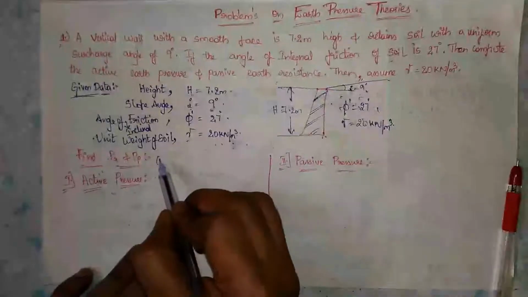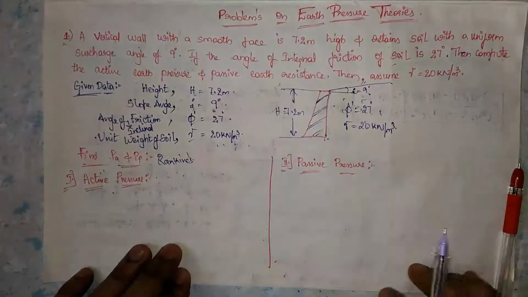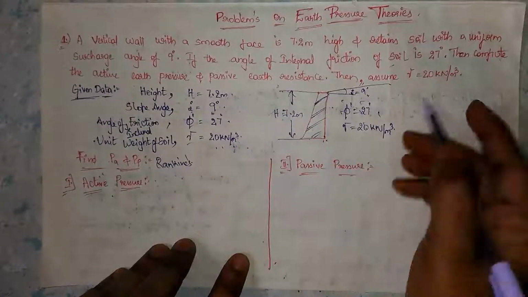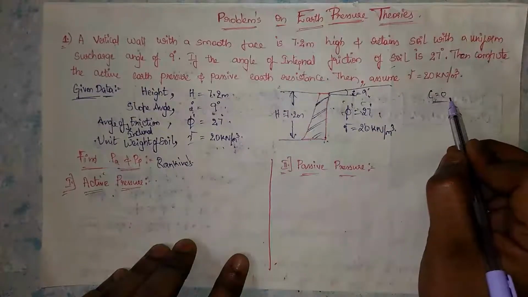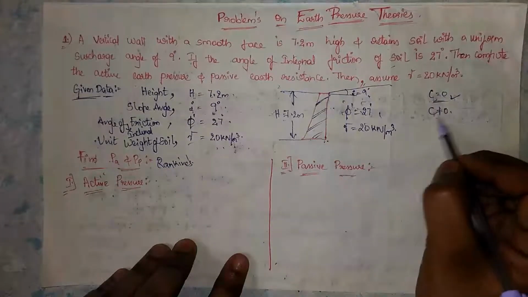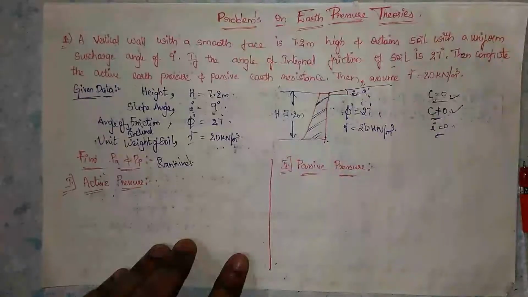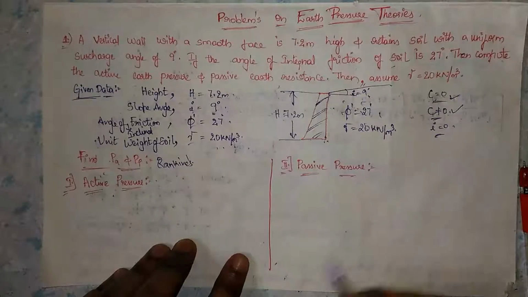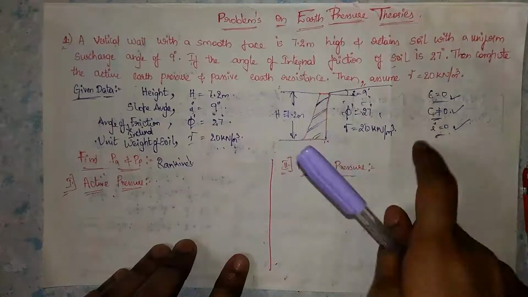Okay, for Rankine's theory, we have determined three types of conditions. What are the three conditions? Where C equals 0, nothing but cohesionless soils, next cohesive soils, and next i equals slope angle surface. So in these three conditions, which method do we have to use?